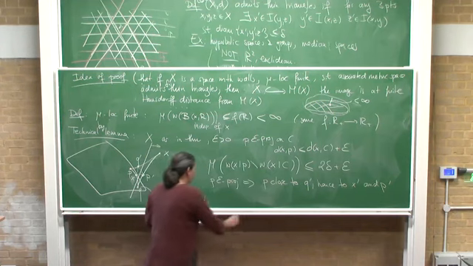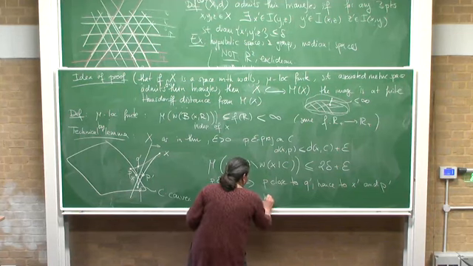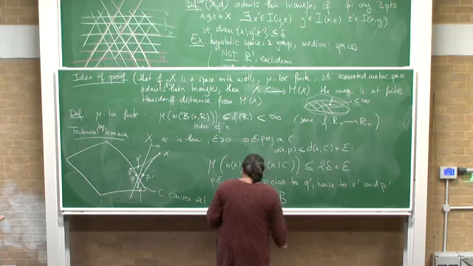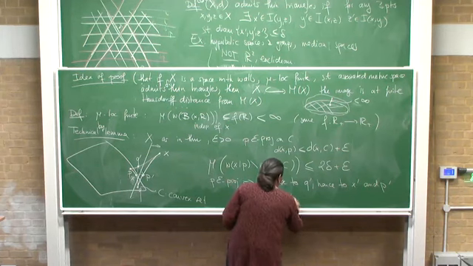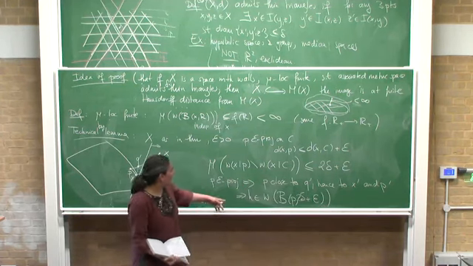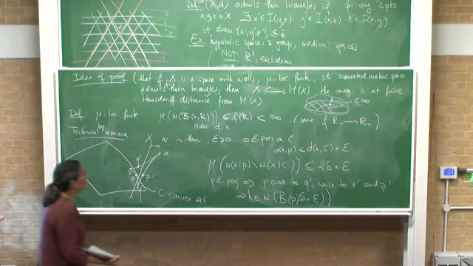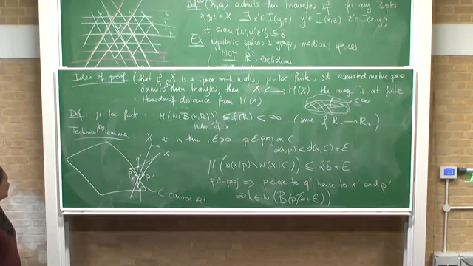So it means that H belongs to a wall that cuts a small ball around P. And by mu finiteness, we conclude this technical lemma.